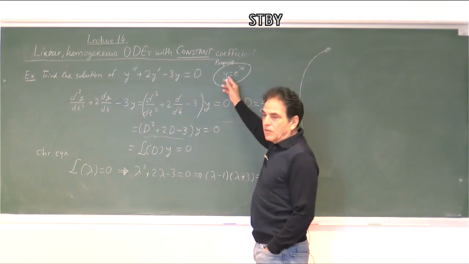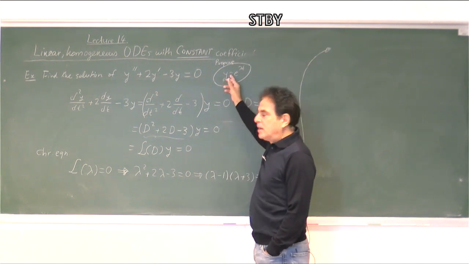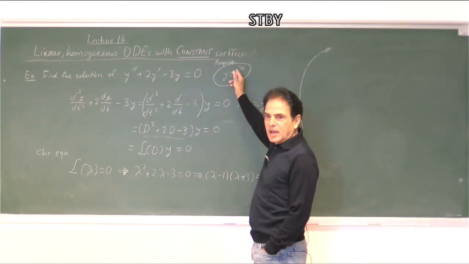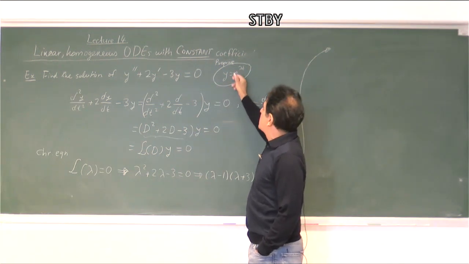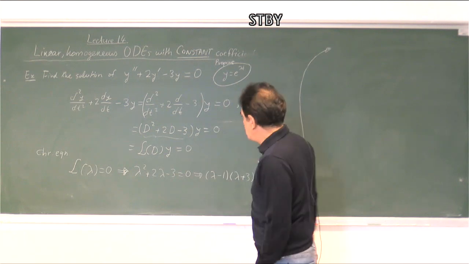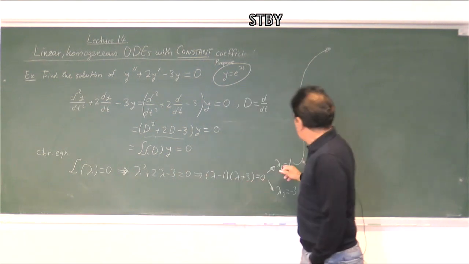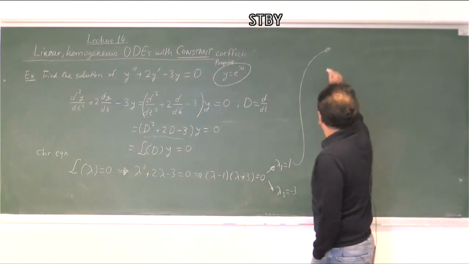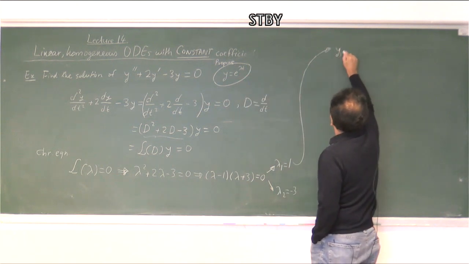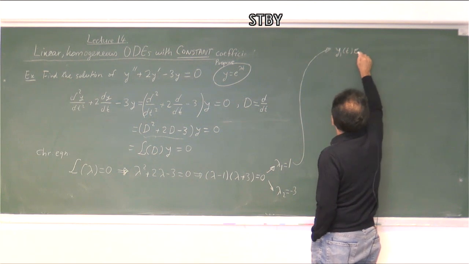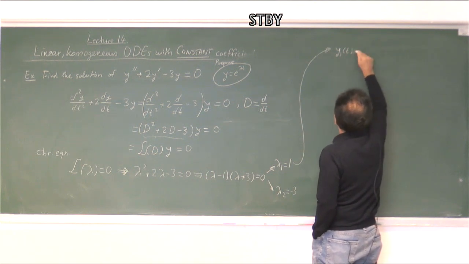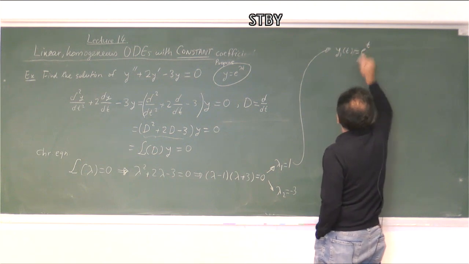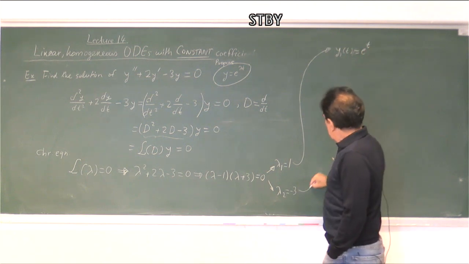So we are looking for a solution of this type, and the problem is to find the lambda making this proposed form indeed a solution. And we see that lambda is 1. So when lambda is 1, a first solution is e to power lambda 1 t, so e to power t.